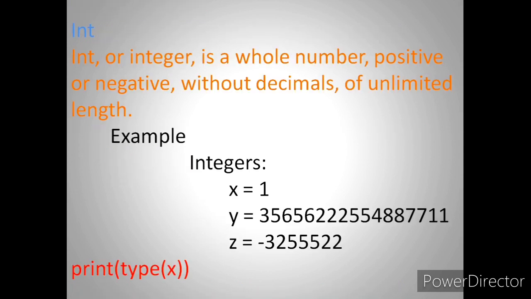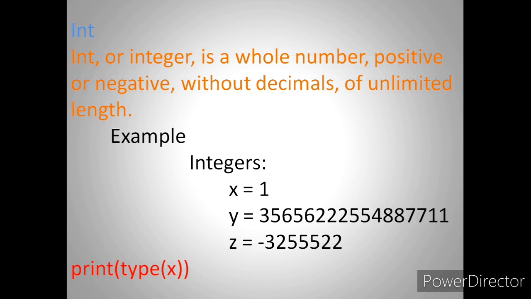Okay, next we are having integer. As I said, for an integral value we can have a positive value or a negative value, and we can have a large number of digits for your integral value. So again, if I want to know about the data type, I have to say print type x.